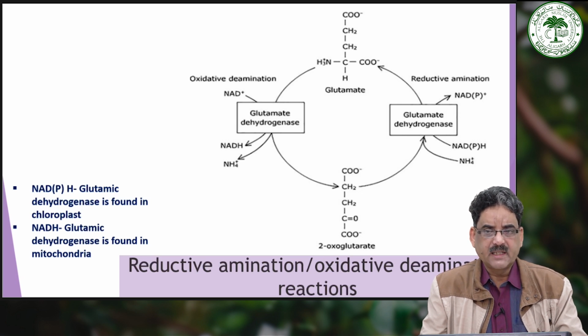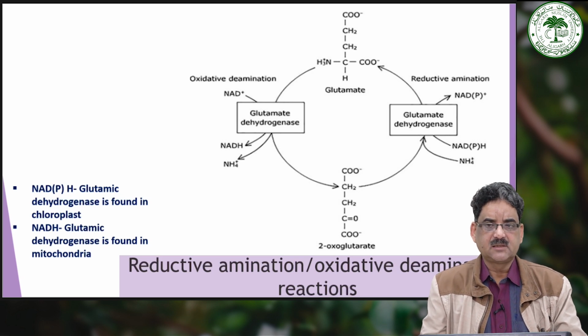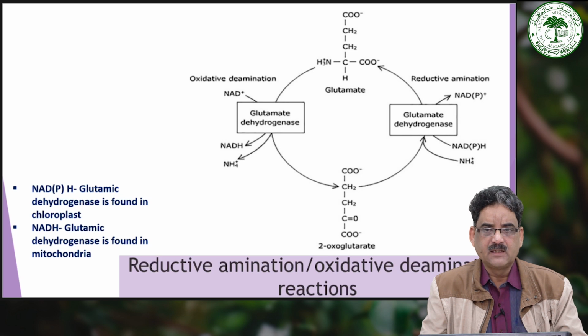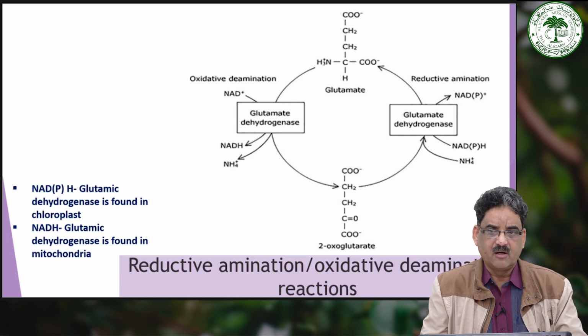However, reductive amination involves the oxidation of NADH or NADPH, while oxidative deamination generates reducing power in the form of NADH or NADPH. These processes are integral parts of cellular metabolism, contributing to the dynamic balance of redox reactions within the cell.